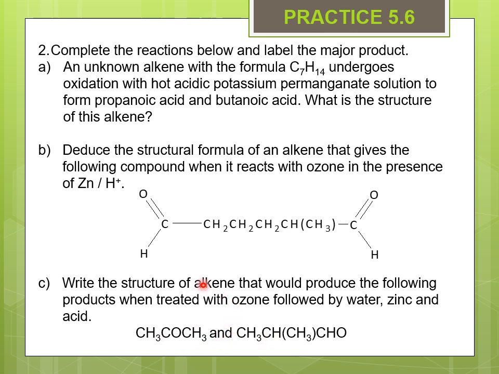So meaning that this alkene is a straight chain alkene, but for B, this is the cyclic alkene because you're going to put this carbonyl and this carbonyl together. All right.